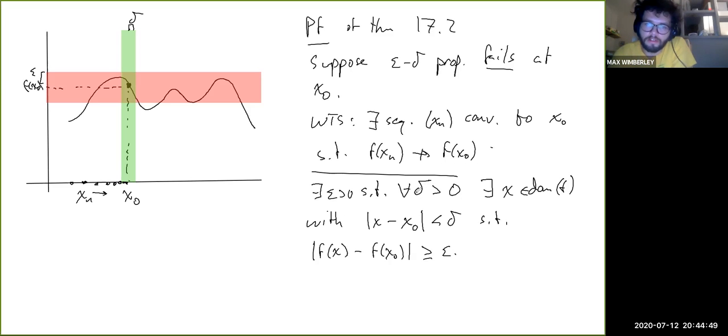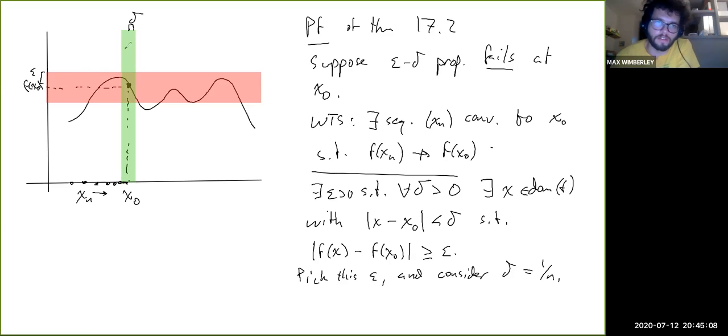So now what we can do is pick this epsilon and consider delta equals 1 over n, for each value of n. So we're considering a decreasing sequence of deltas, right? And then for each of those deltas, we make xn the bad point, a point where f of x is too far away for that delta.